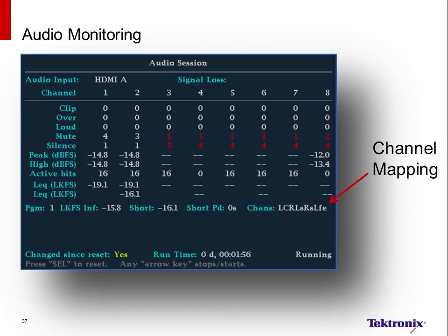It will also look at the channel mapping, where each channel is and how the channels are being derived and being delivered to the TV set from the set-top box.